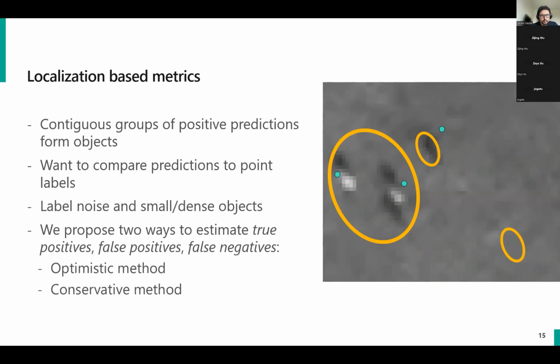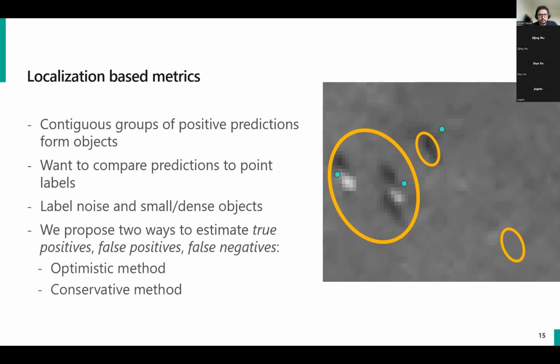Now, the second set of metrics are localization-based metrics, and this is a little bit more involved. Here, we want to group contiguous sets of positive predictions into objects and compare these objects with the ground truth point labels that we have.